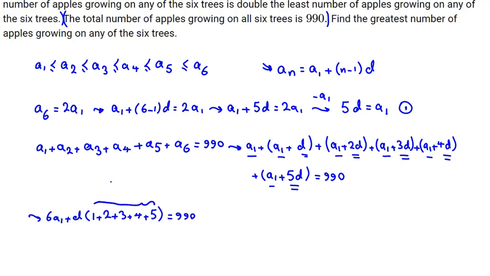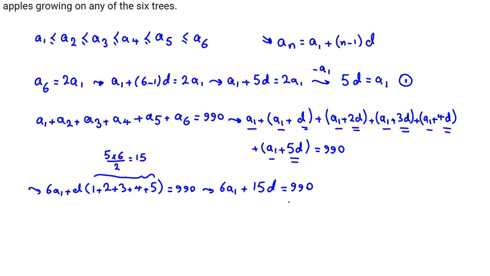You can use the formula for 1 to 5, or you can calculate manually: 1 plus 5 is 6, 4 plus 2 is 6, 12, 15. Or you can use the formula, the sum 1 to n equals n times (n plus 1) over 2. Now we can say 6a1 plus 15d equals 990.